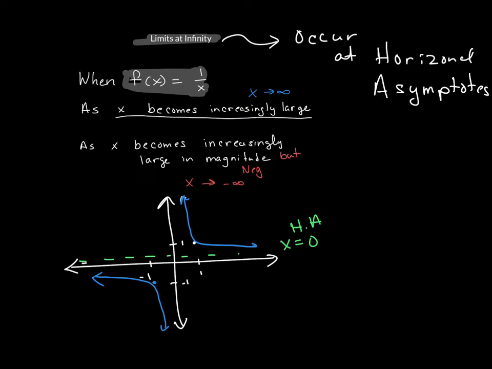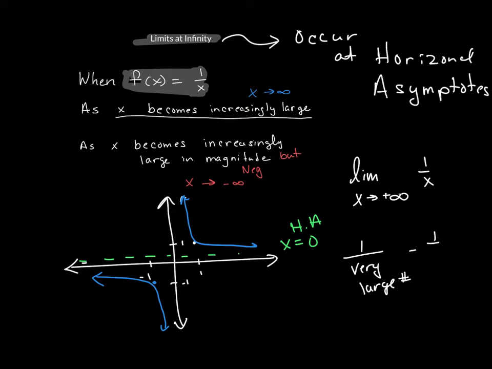Now, if we take a look at the limit as x approaches positive infinity, so over here on this side of 1 over x, we can tell from the graph, but also if you look at this numerically, whenever you have 1 divided by a very large number, that becomes increasingly small the larger that number is.